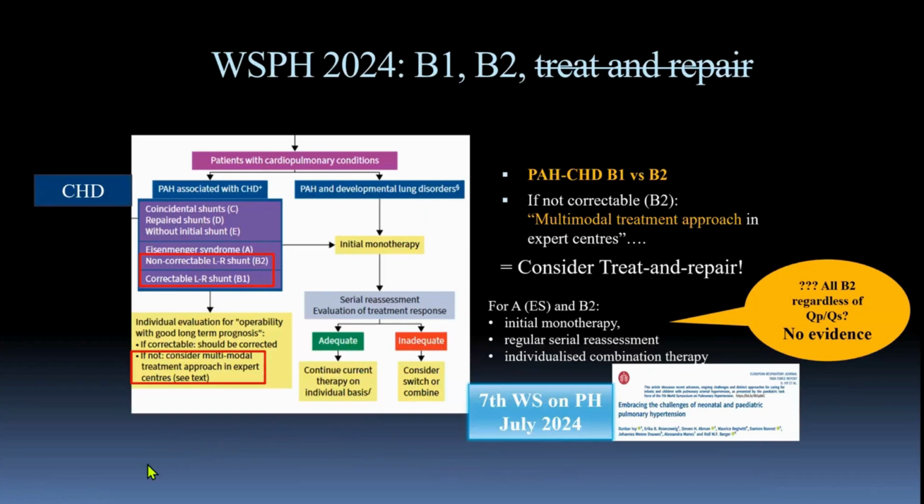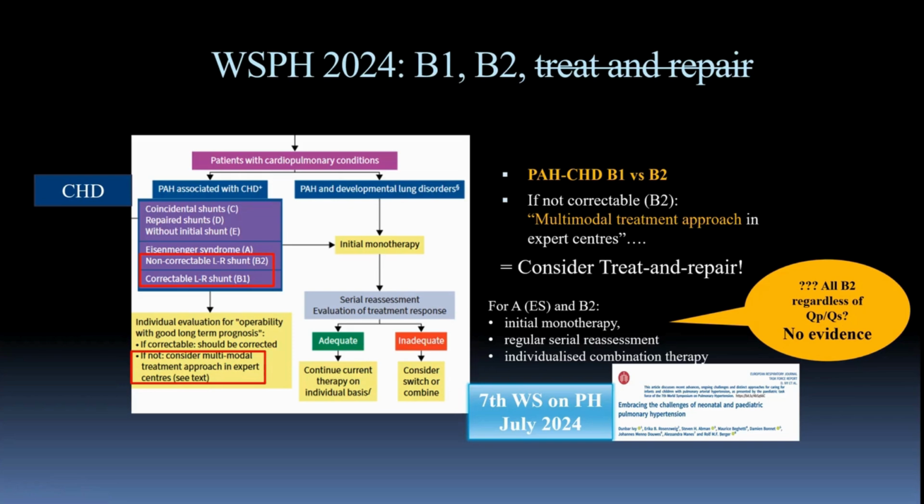Now, remember there was the World Symposium of Pulmonary Hypertension 2024. They agreed with us in the paper about pediatric pulmonary hypertension, that there should be a B1 and B2. They also agree with treat and repair, but of course they want to change the wording to multimodal treatment approach in expert centers or something even more complicated.